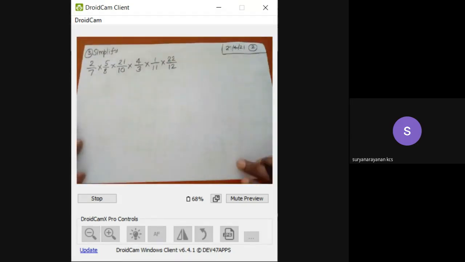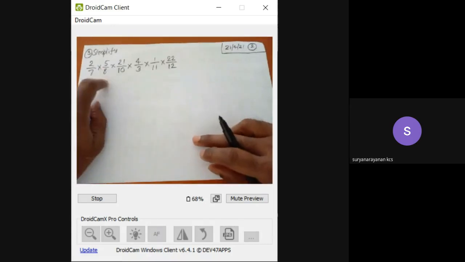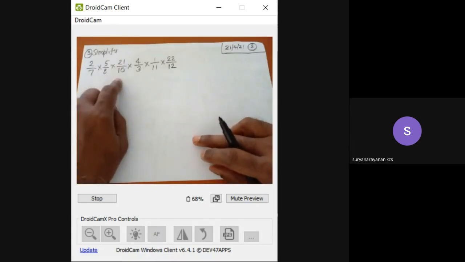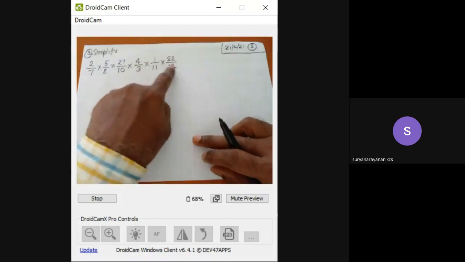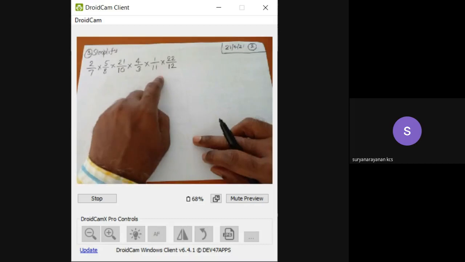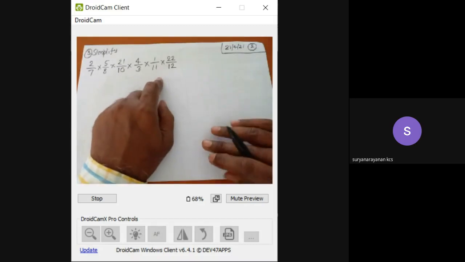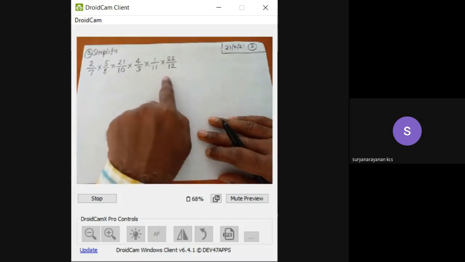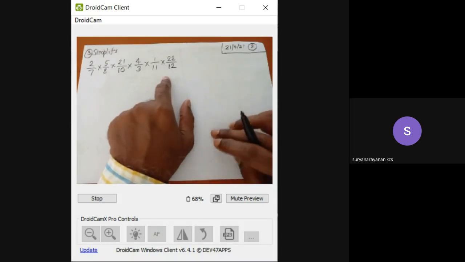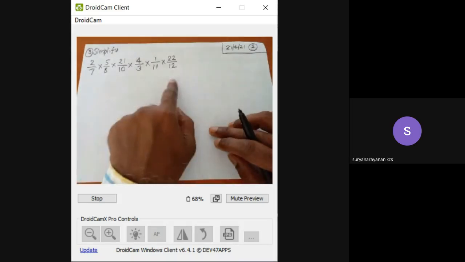See this question, my dear children. Simplify 2 by 7 into 5 by 8 into 21 by 10 into 4 by 3 into 1 by 11 into 22 by 12. I extended the concept of multiplying fractions to how many fractions I have taken? 6 fractions. Previously, I have taken 3 fractions. I multiplied 3 fractions. Now, in this question, I have taken 6 fractions.